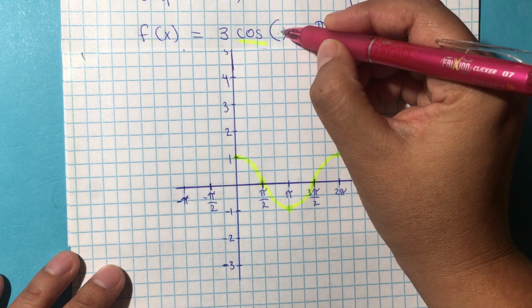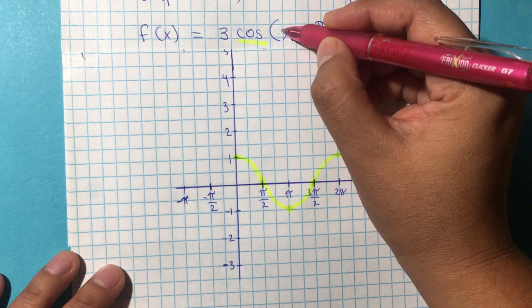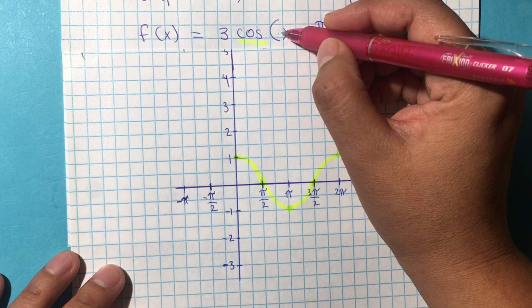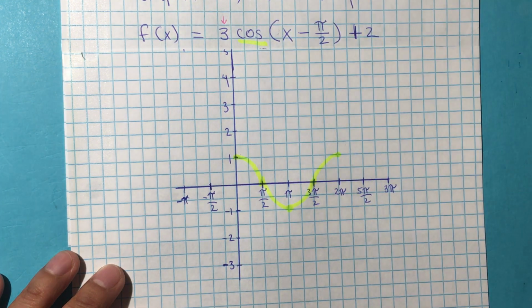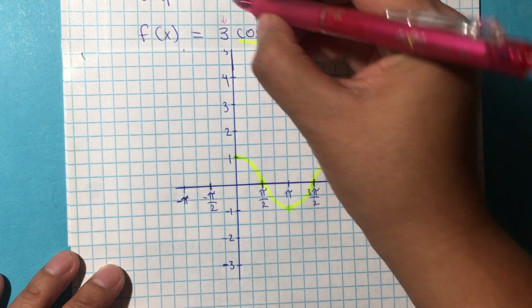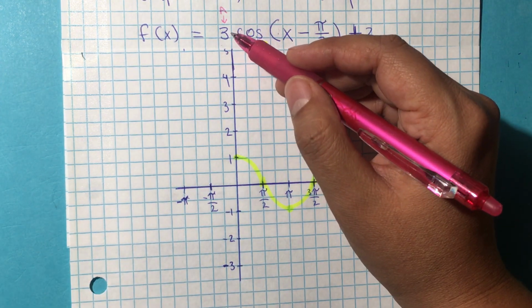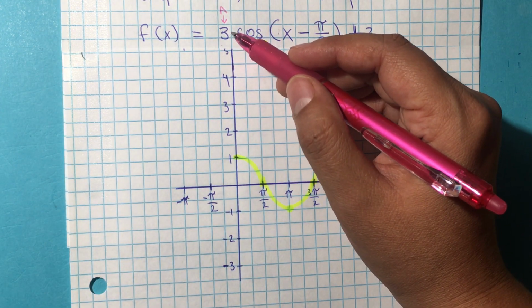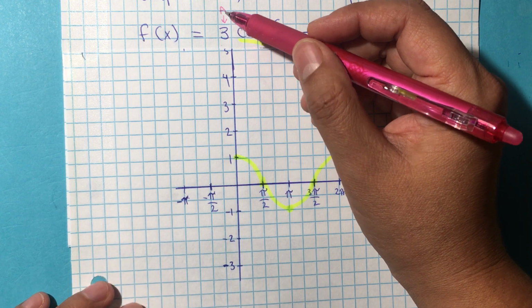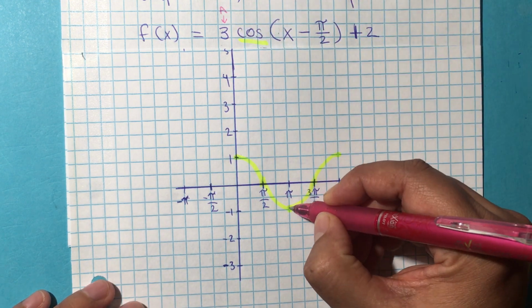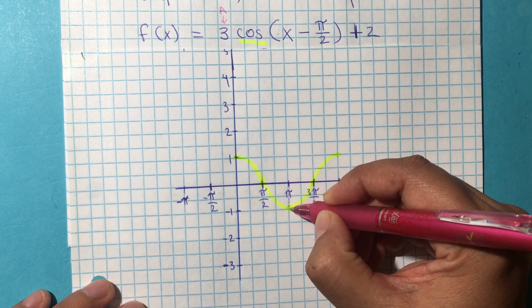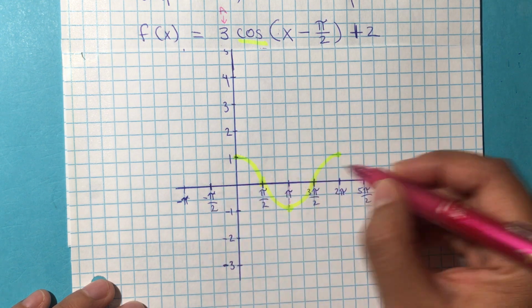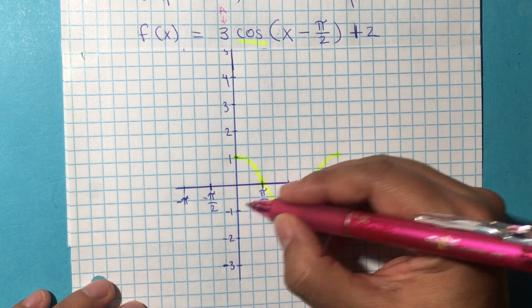Okay, so in here, since we don't have a horizontal compression or stretch, we're going to go to the A, which is an amplitude. Okay, and what does the amplitude do? It multiplies by 3. So in here, the 3 tells me that the amplitude is not 1 anymore, meaning from the point to the midline, it's only 1, right?